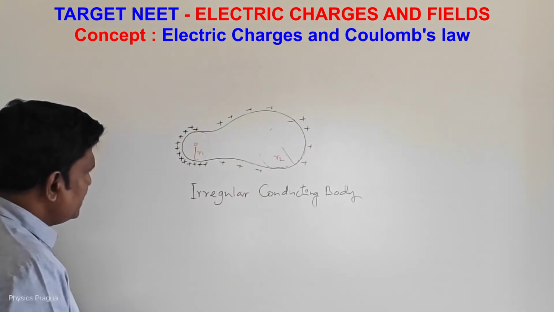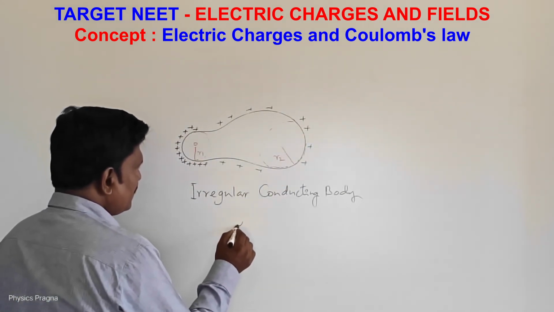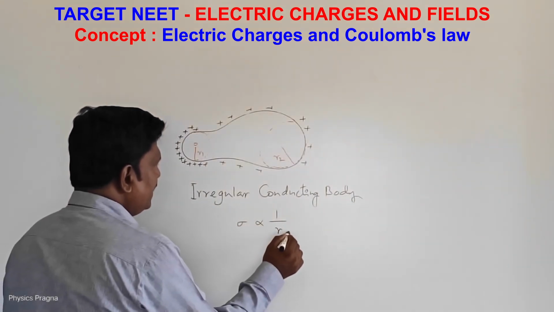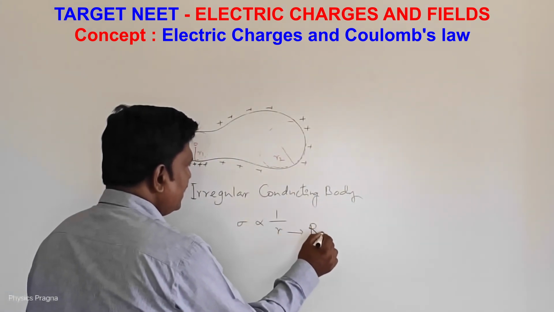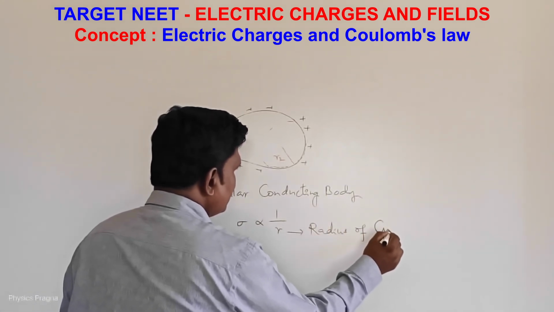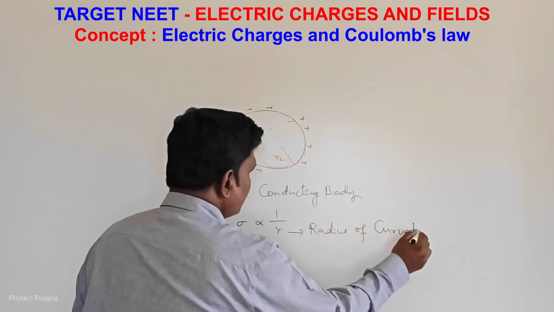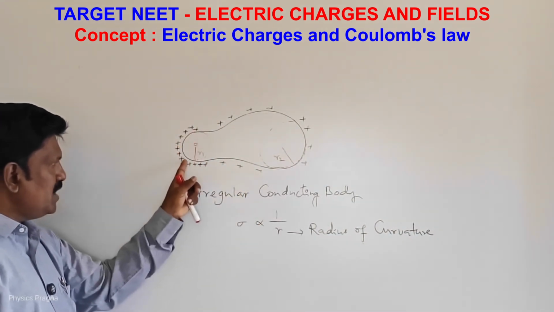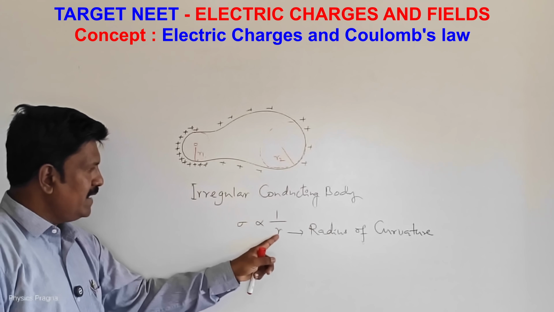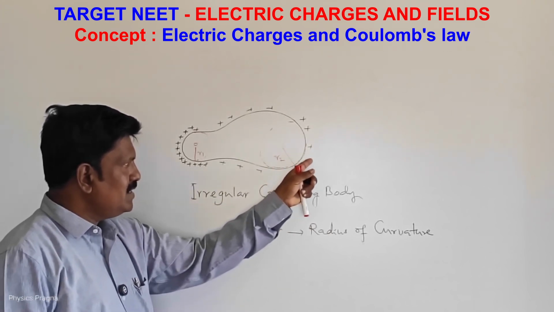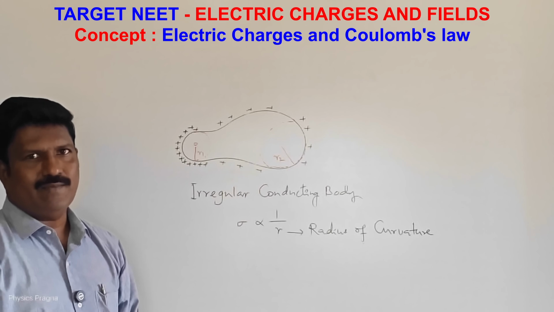So surface charge density is inversely proportional to the radius of curvature. When the radius of curvature is less, more charges will accumulate. When the radius of curvature is greater, less charges will accumulate on this body.